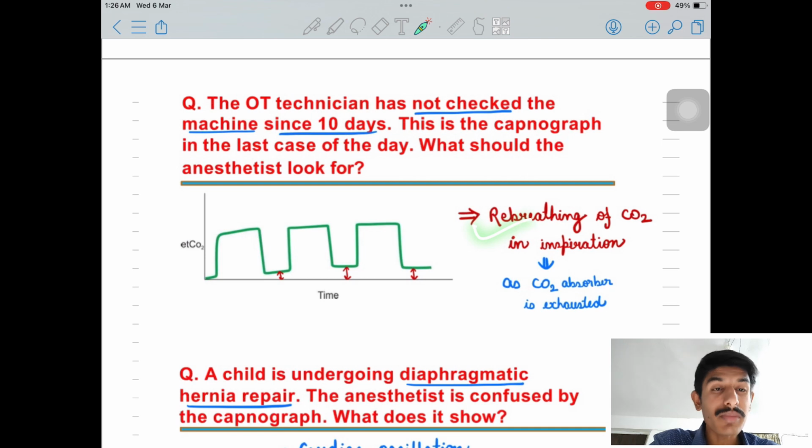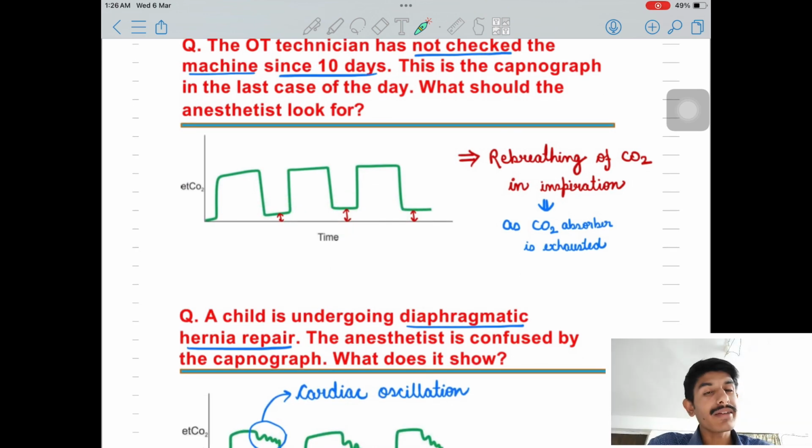This is happening due to rebreathing. The patient is under anesthesia and oxygen is given, but he is still breathing through his nose, and that's why this elevation is shown. You can give him anesthesia again, he will sleep properly and will not rebreathe.